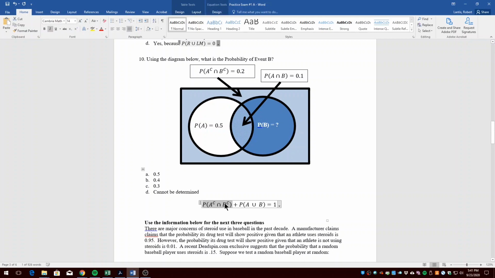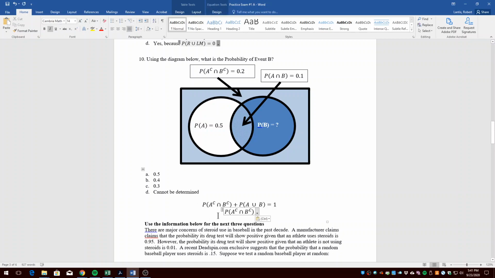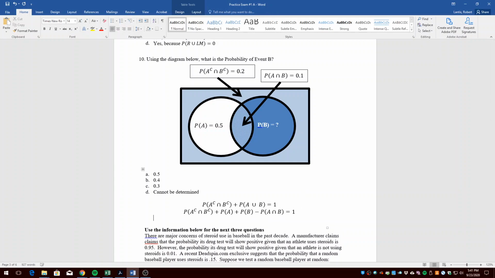I know that the union can be rewritten as the probability of A plus the probability of B, and then I'm going to subtract the intersection of those two things. Okay? And because I'm just substituting in an equation for the union, those have to add up to 1. And now it's just a matter of plugging values in, right?